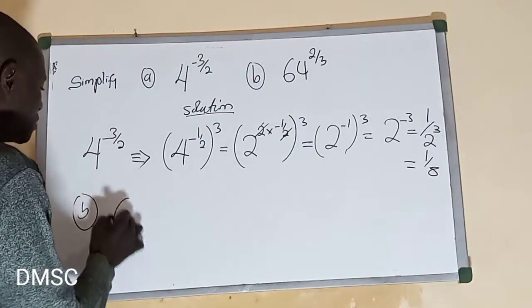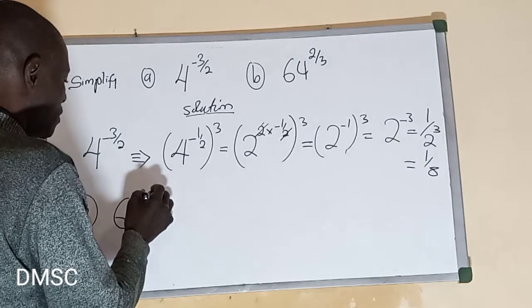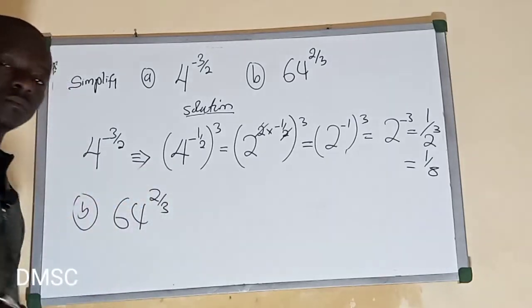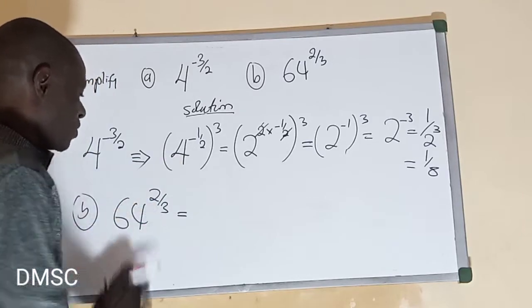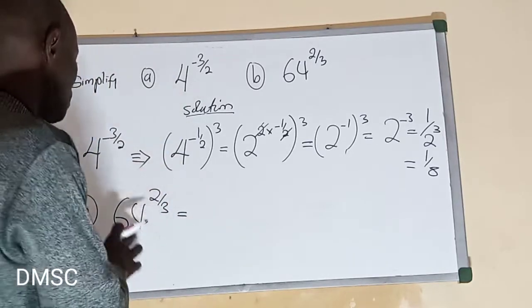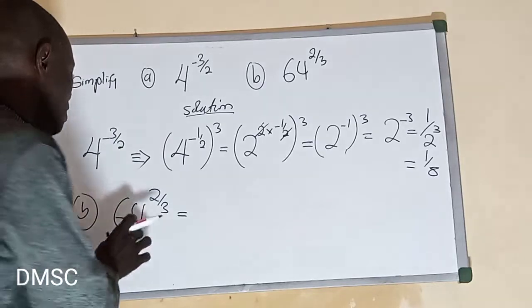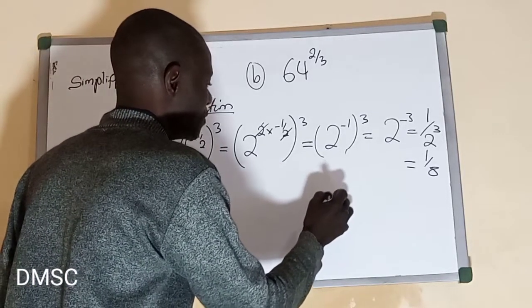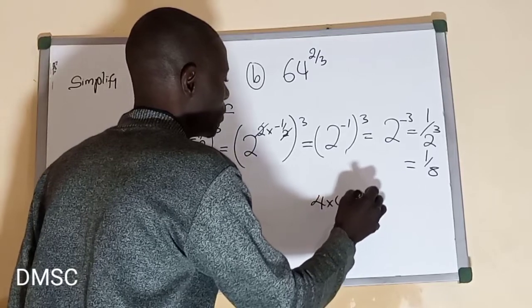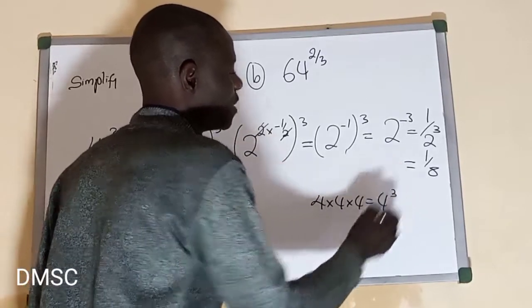Question B says 64 raised to the power of 2 all over 3. We can now change this 64 to another number, because 64 is the same as 4 times 4 times 4, which is equal to 4 raised to the power of 3.